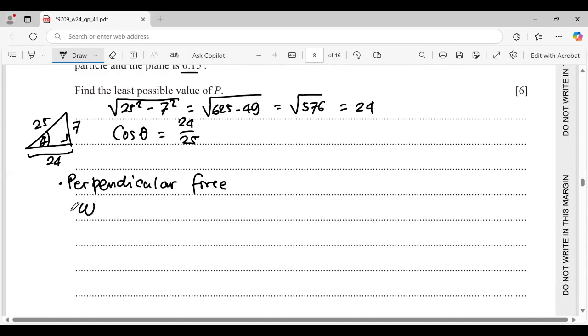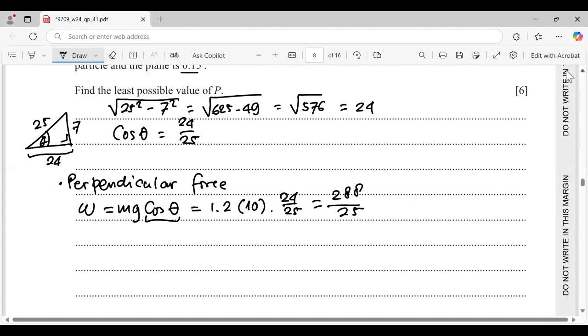That is weight equals mg cos theta. M is 1.2, and for the gravitational force I will use 10. You can use 9.8, but I will use 10. Approximately it becomes 12 times cosine theta, which is 24 over 25, and it is 288 over 25.